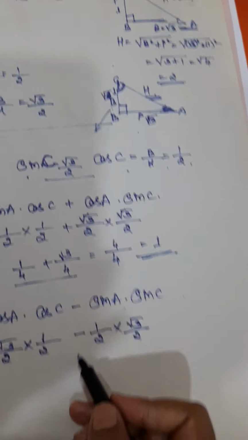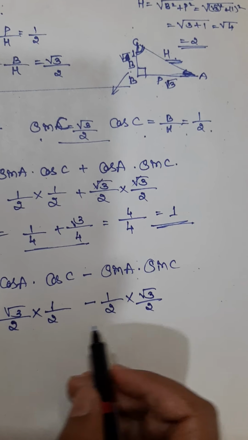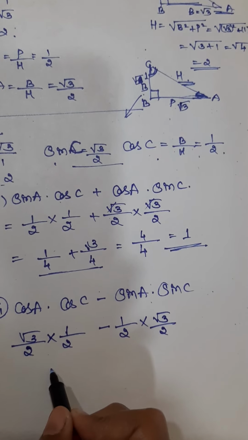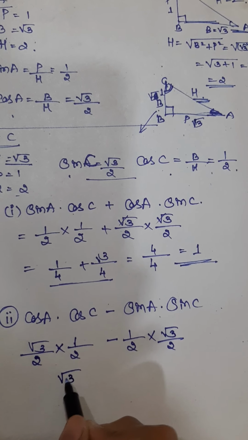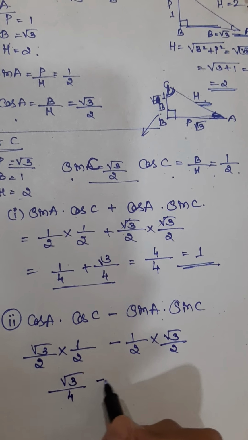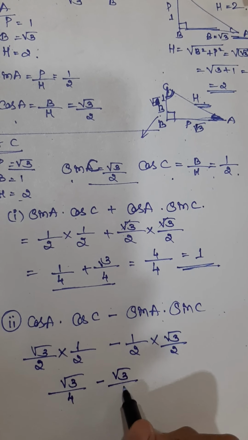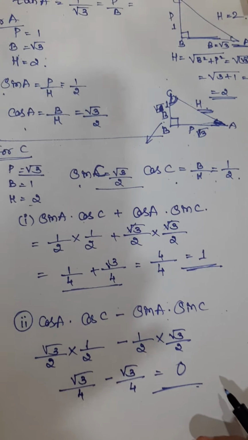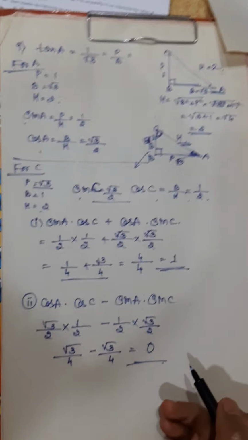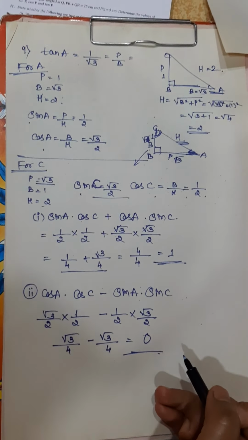By seeing these things, both sides are same, but still if you are having any doubt, then solve this one again in one more step. Square root of 3 divided by 4 minus square root of 3 divided by 4, it will be obviously 0. I hope you all understood these two questions. Thank you.